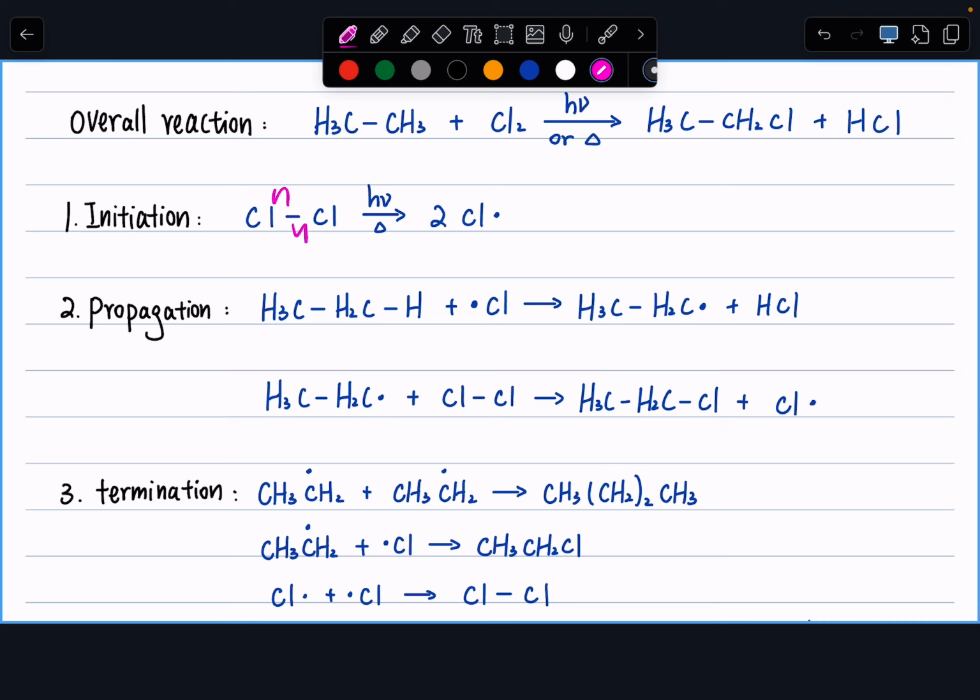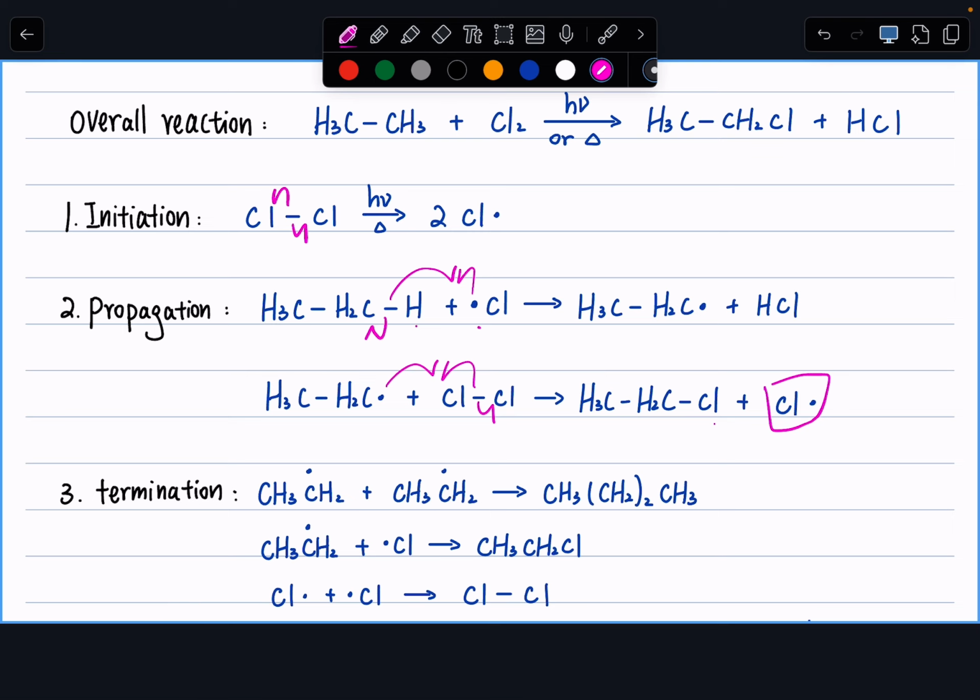Next one, propagation. We observe I'm forming a new bond between my hydrogen and chlorine. So one electron comes here, and the other electron goes onto the carbon to form the carbon-centered radical. The carbon-centered radical can react with another molecule of Cl2 to generate the product and regenerate my Cl dot, which can be involved in propagation again.